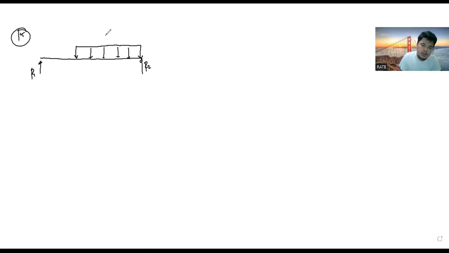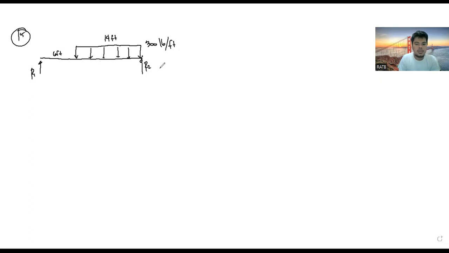This would be 14 feet, with 300 pounds per foot, and this would be 6 feet.